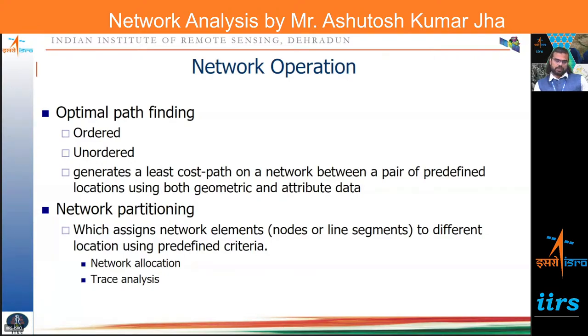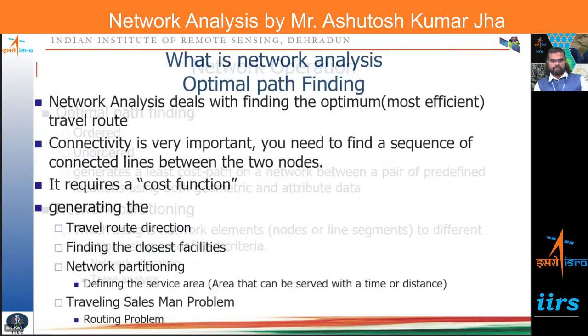The example is the services or queries where we need the different places which we can visit, let's say, in 1 hour from the current location and so on. So it just divides the whole network. One part says which can be reached within 1 hour, another part shows the portion of the network which is reachable in more time. These are the two basic level operations.